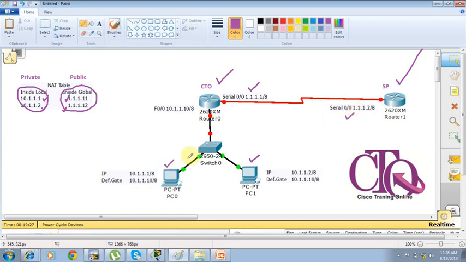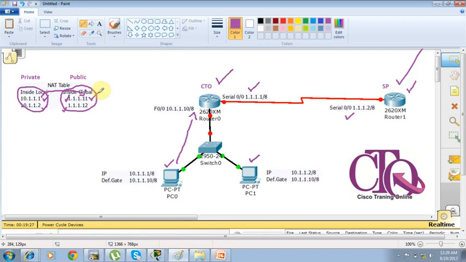So what will happen after configuring the static NATing? Whenever 10.1.1.1 sends traffic to the CTO router, this router will translate 10.1.1.1 into 1.1.1.11, and when the service provider router receives the traffic, that traffic is considered to be sent through 1.1.1.11.